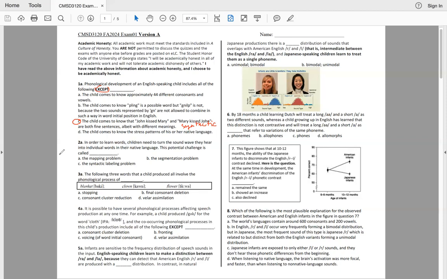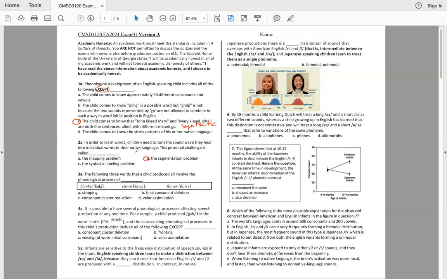Okay, question 2. In order to learn words, children need to turn the sound wave they hear into individual words in the native language. This potential challenge is called the segmentation problem. We talked about this in class. Children hear a continuous stream of speech.